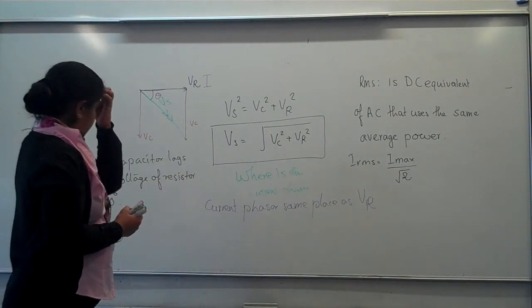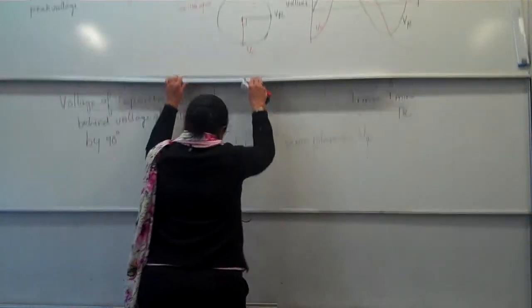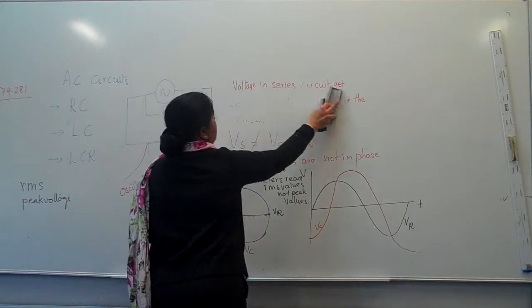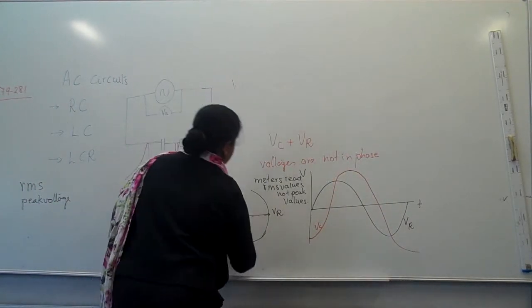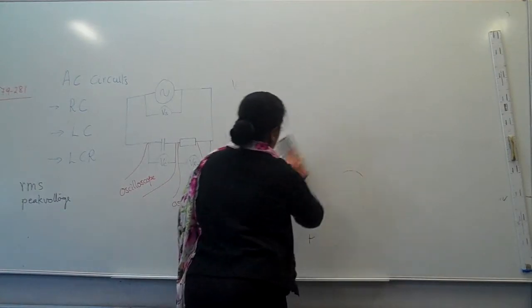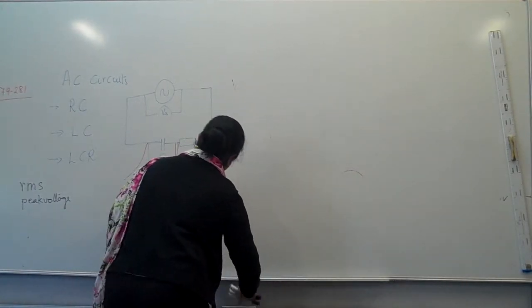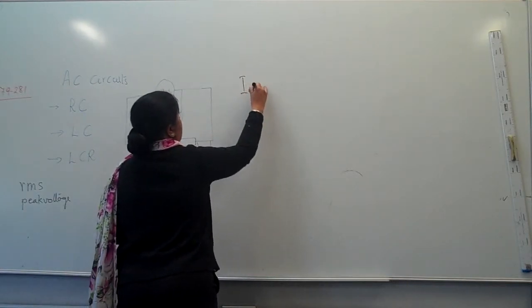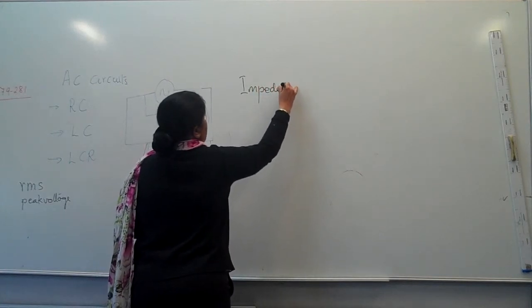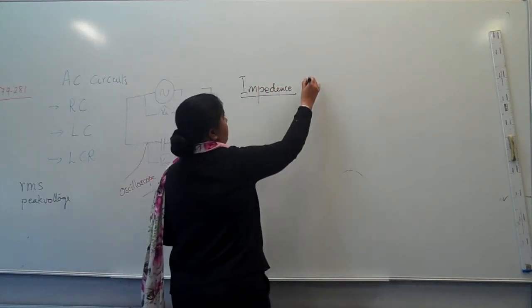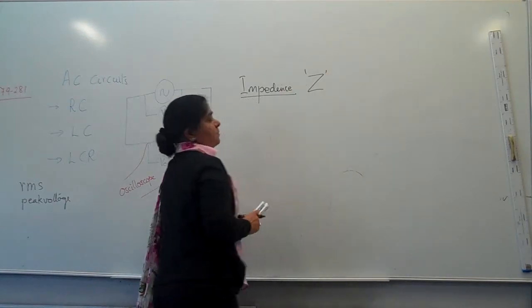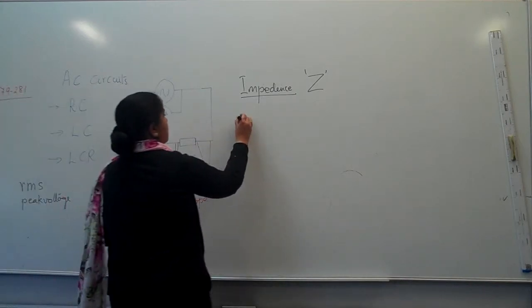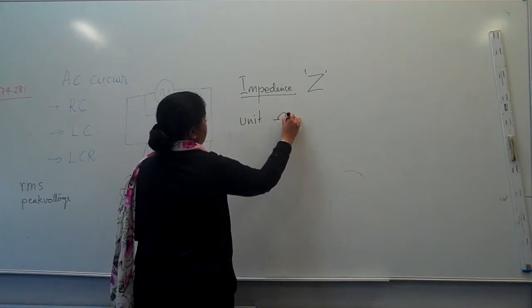Next, moving on, another new term is going to come here, which is impedance. The symbol for impedance is Z. The unit is ohms.